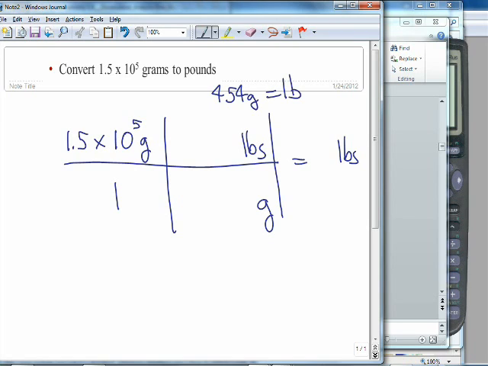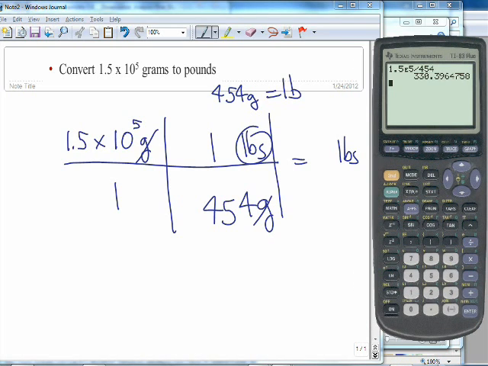So 454 grams is 1 pound. We'll put 1 pound up here and 454 down here. That's our conversion factor. Our grams cancel out. It's always fun to do that. We're left with pounds.